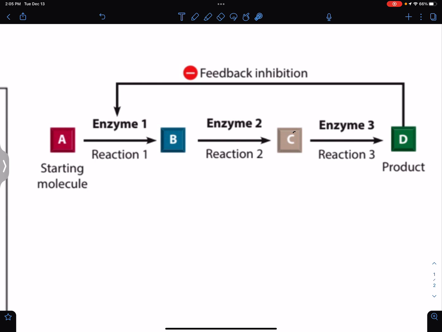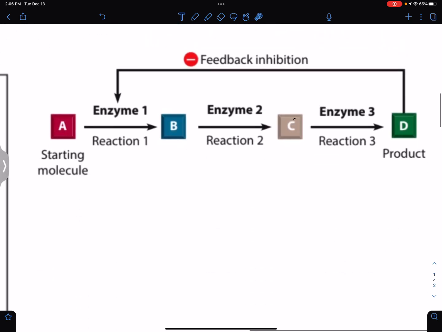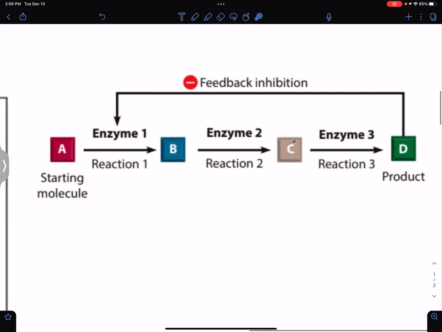When the levels of D fall, now there's not a lot of D product around to inhibit enzyme 1. And so enzyme 1 can start converting A to B again. So the levels of product D will increase once again until there's so much of it that it inhibits enzyme number 1 again, and then the levels of it fall. So this is a way to mediate levels of protein products or just products in our bodies through what's called feedback inhibition.